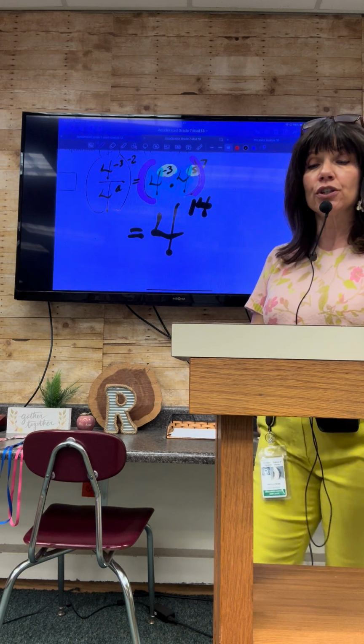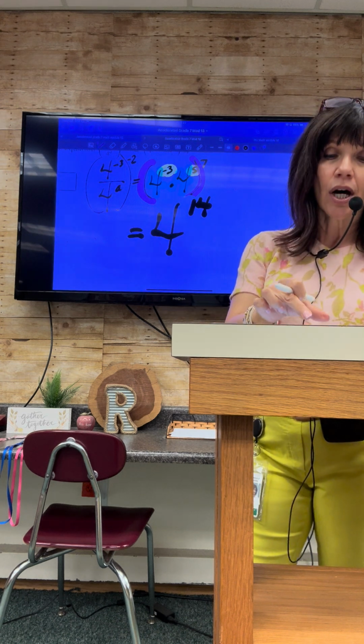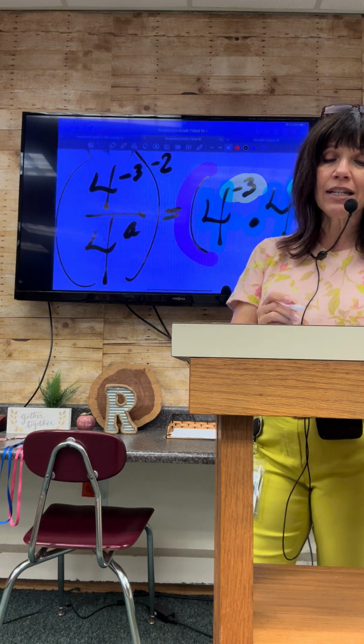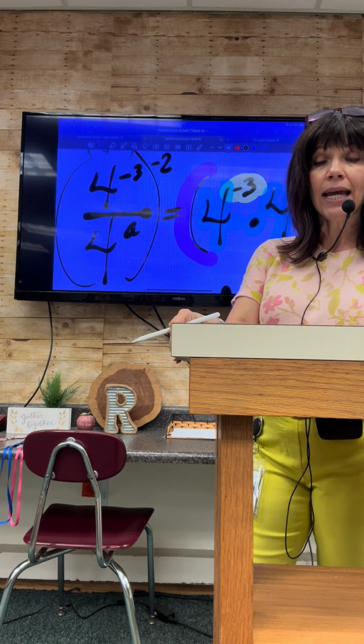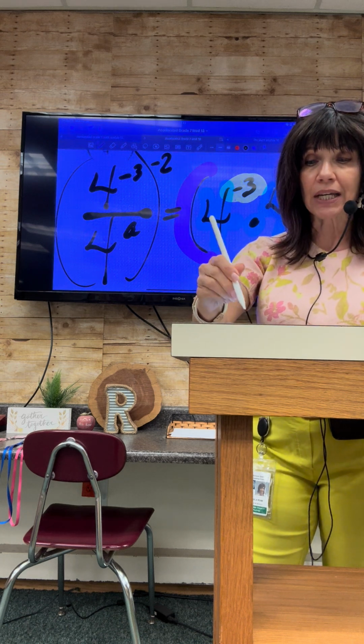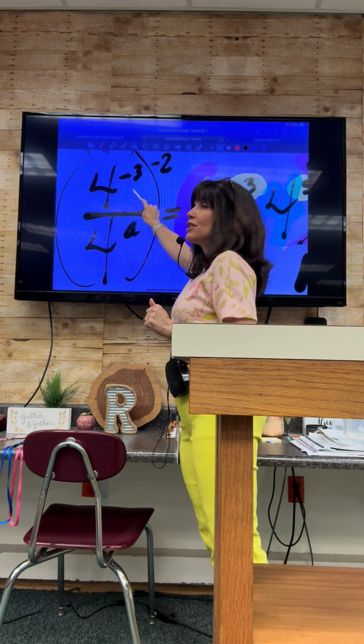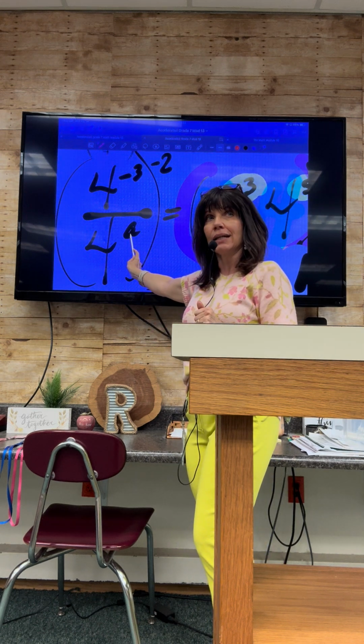Let's see what we can do to get this 4 to the 14th power. All right, here we go. We have 4 to the negative 3 divided by 4 to the a, and all of this to the negative 2. So let's try something here. Since we don't know what a is yet, I can't really do negative 3 take away a, can I?